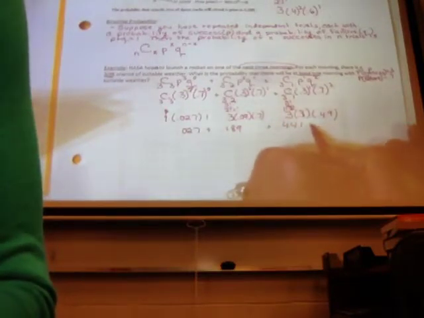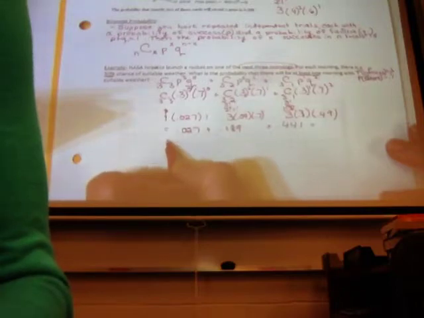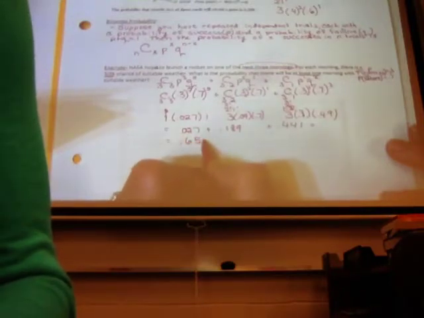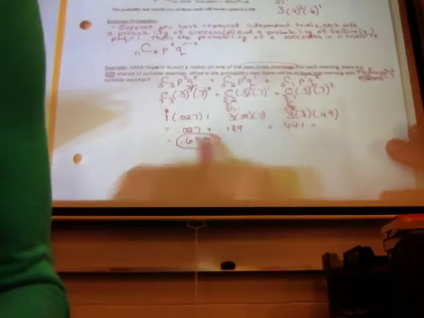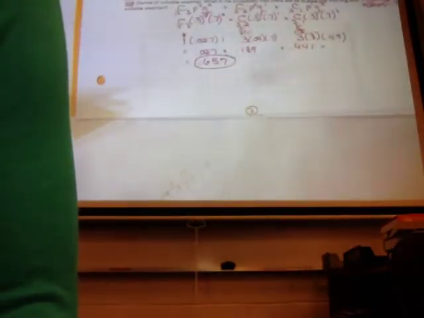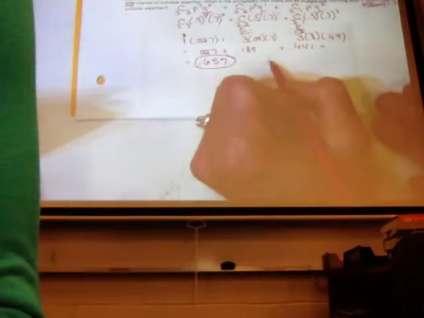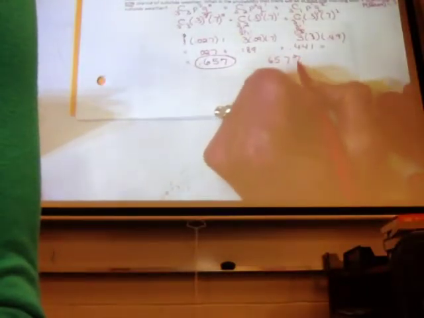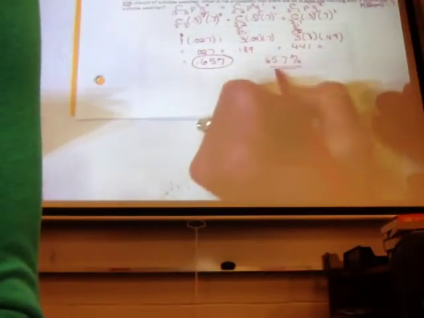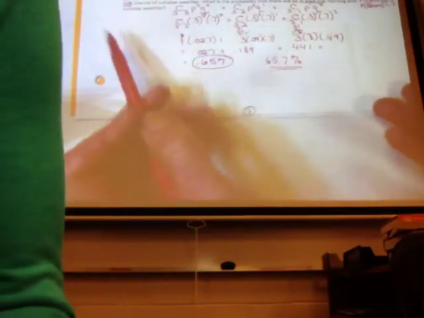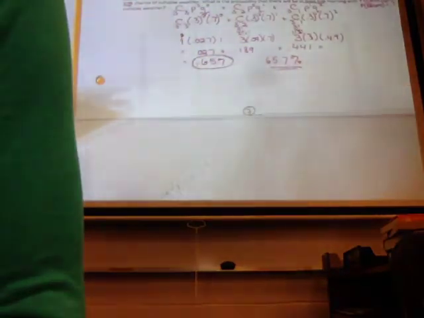Add them all up, and you would get 0.657. That's the chance of them to launch the rocket. So it's around 65.7%. Your book will probably have this as an answer. Since this was here, you can just leave it as a decimal.